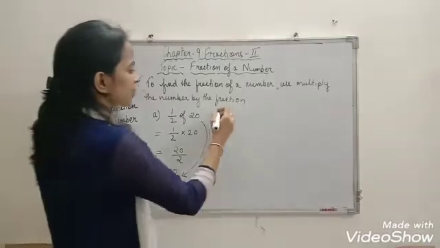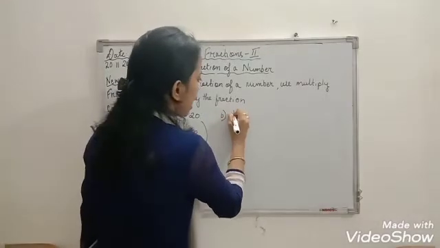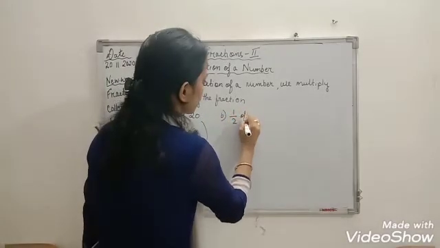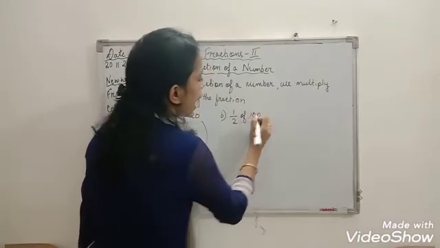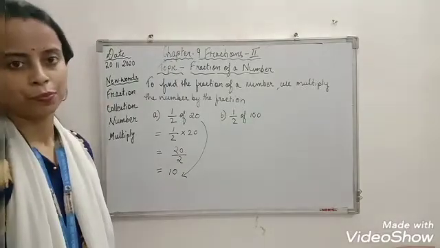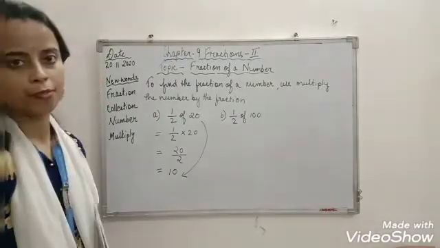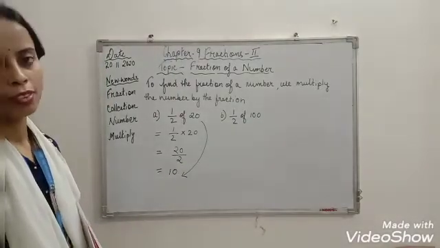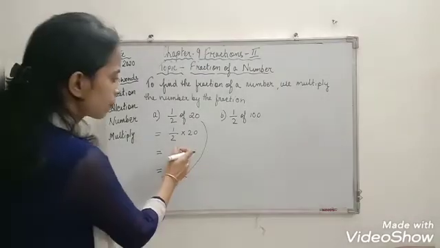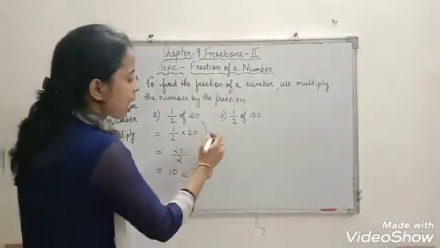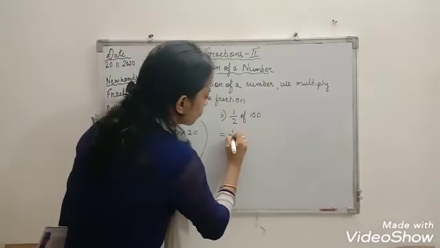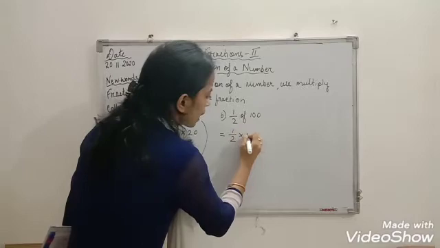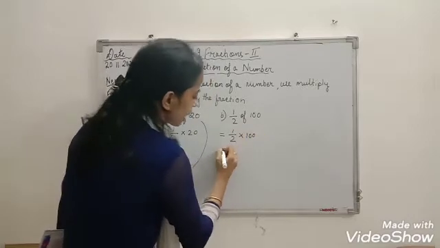Okay. Next. 1 by 2 of 100. Half of 100. Fraction of a number. How are you going to find out? Same as here. We are going to multiply the number by the fraction. Half into 100. So 100 into 1.